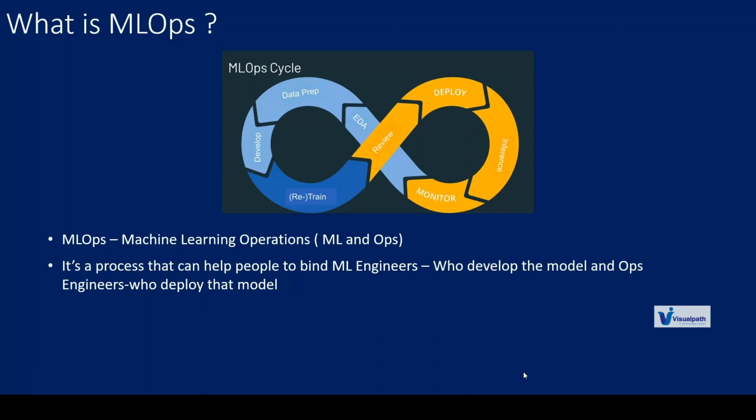So the combination of two keywords makes MLOps possible. That is, ML is the one who builds or develops the model, and Ops is the one who gets it deployed, meaning who makes it deployed into a location like a cloud service or a cloud provider.